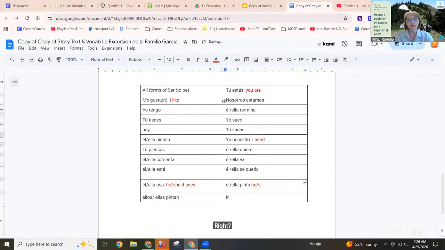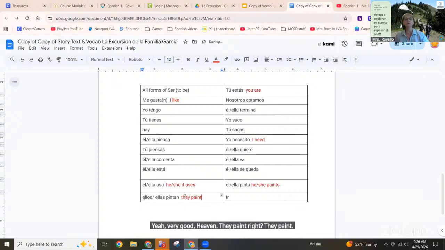He or she paints. And so what would ellos and ellas pintan be? Who can help me out there? What's this one? Ellos or ellas pintan. Yeah, very good. They paint, right? They paint. Okay, muy bien.